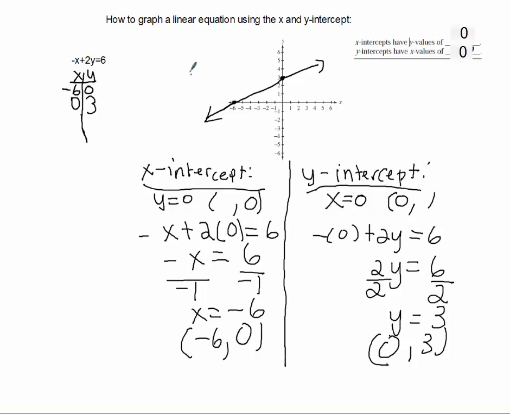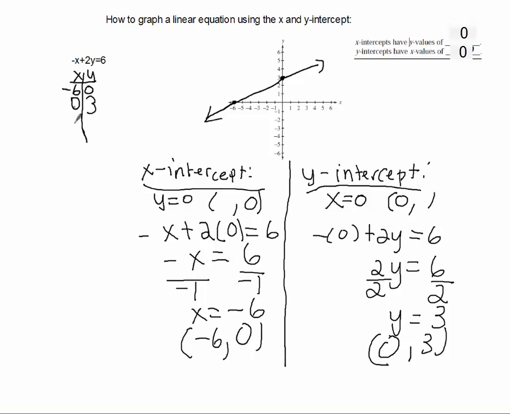So again, if the instructions are to graph by finding the x and y intercept, you first find the x-intercept and then find the y-intercept. We graph each one, and we connect our points with our line. And that's how we do graphing using the x and y intercept.